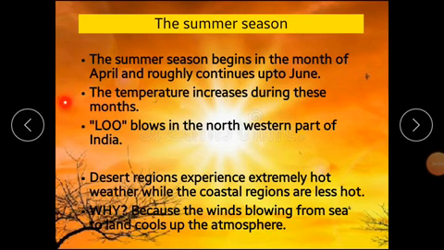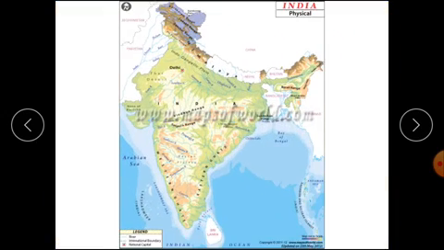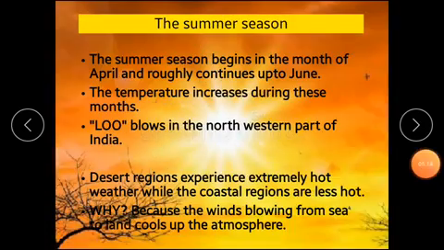Now, Loo blows in the northwestern part of India. The northwestern part, this is this portion. Northern area and western area when combined, they become the northwestern part. I am sure you have heard about it.